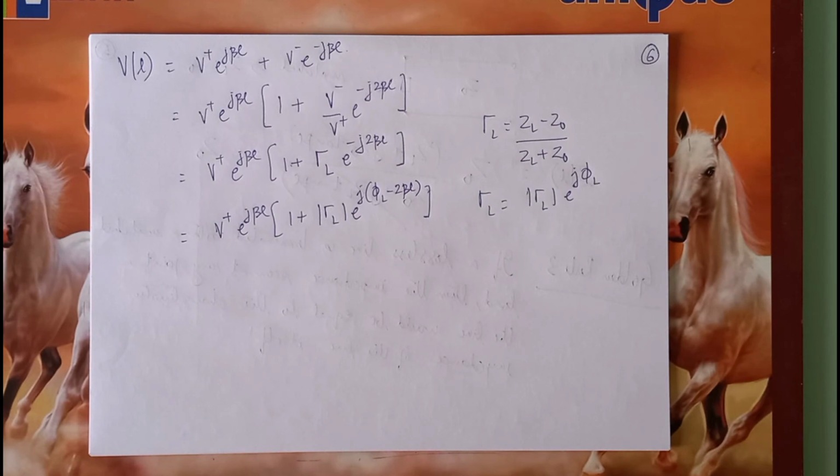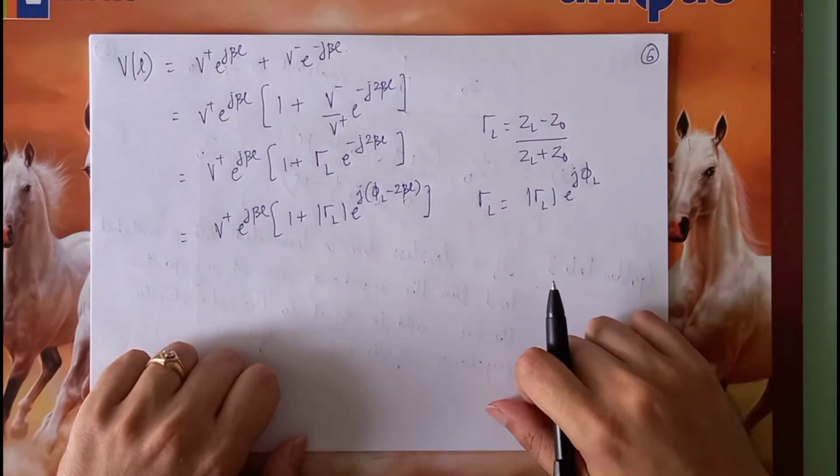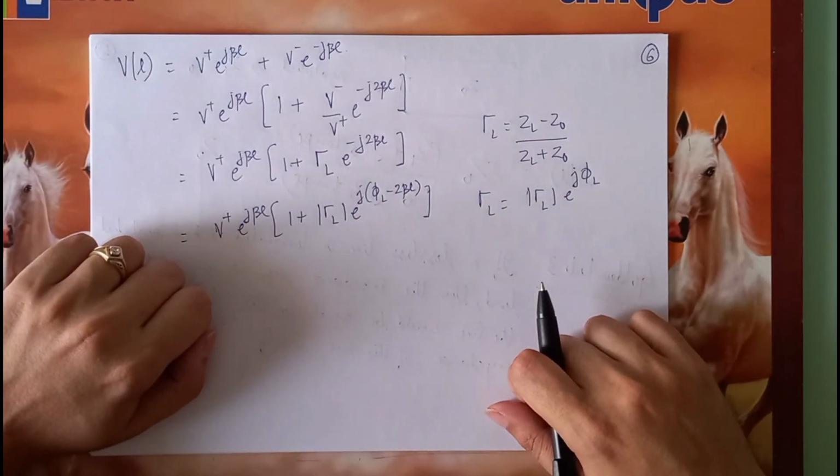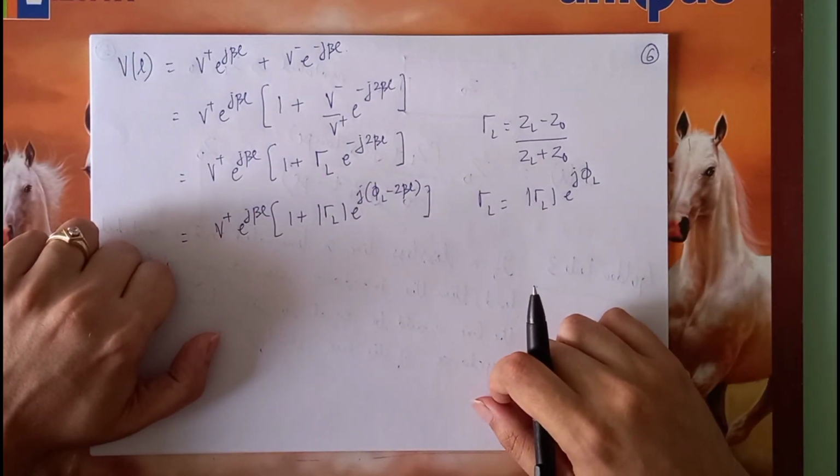Is that fine? Okay. So with this, we now have some kind of a relationship, and from this, let us try to see what the nature of VL is. One thing is for sure, VL is a complex quantity because of all these terms, which in general are complex numbers.